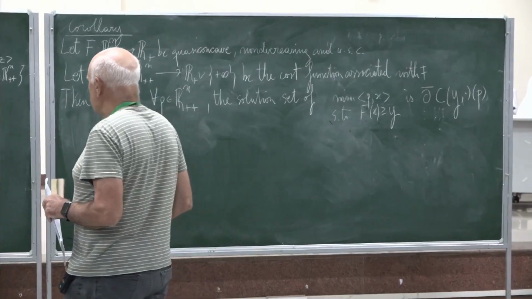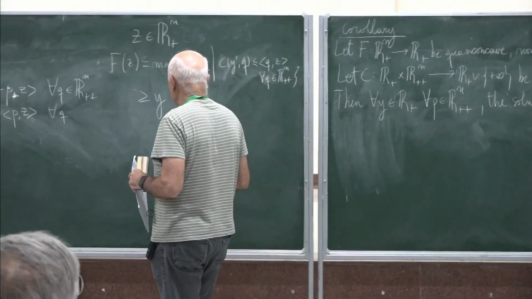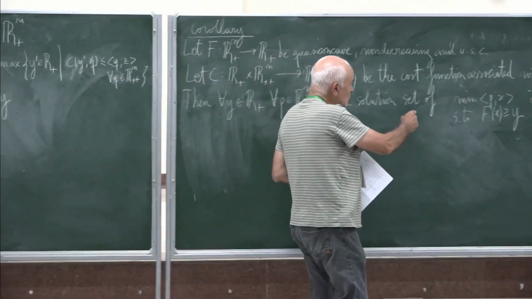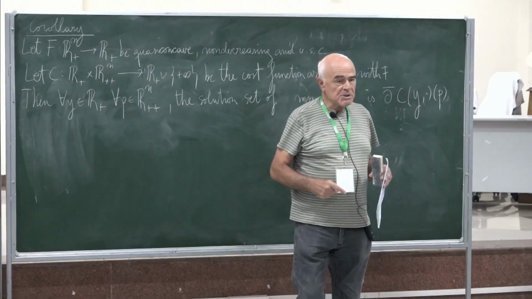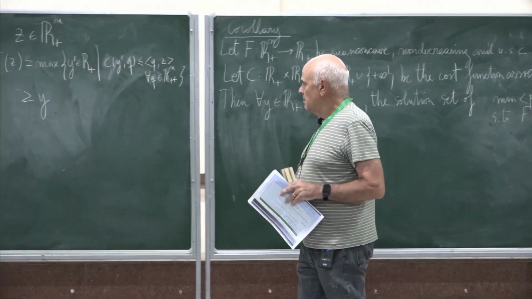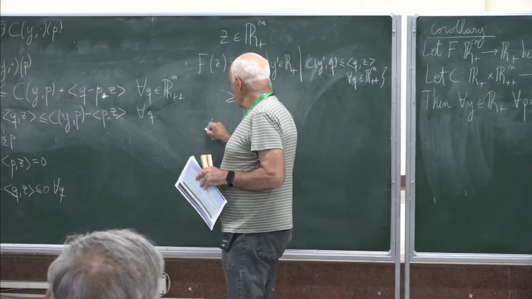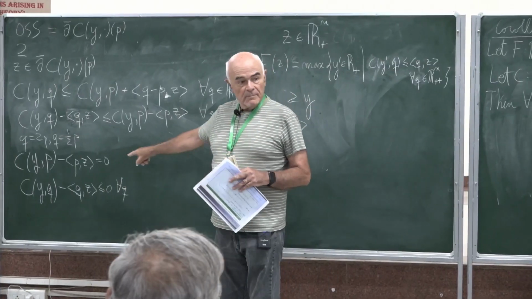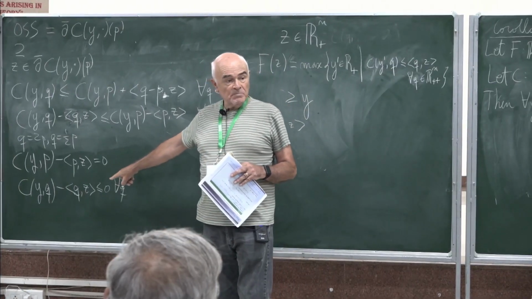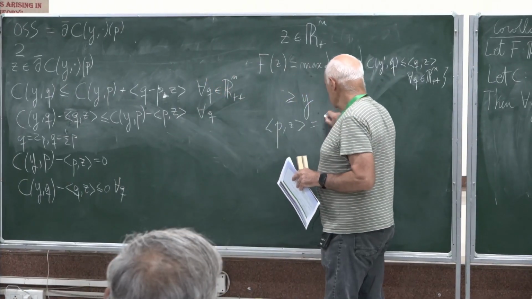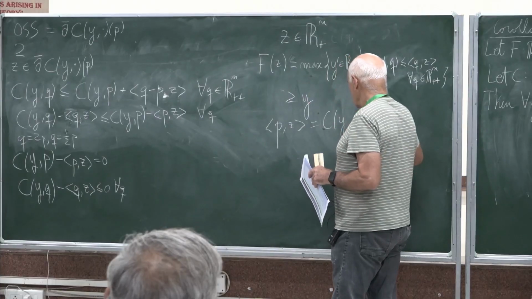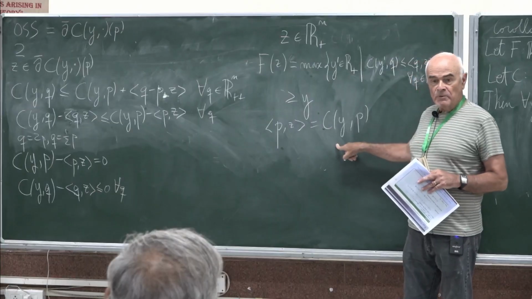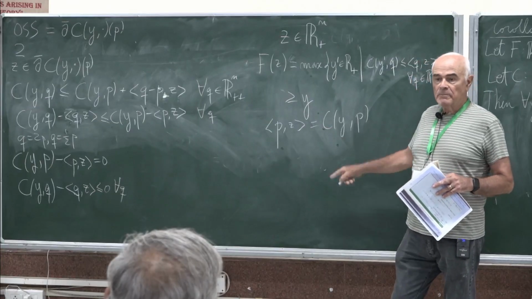And now what is the value of the objective function at this particular point? It is C of y, p. So the value of the objective function is the optimal value of that problem.